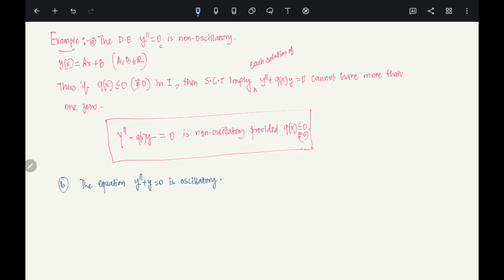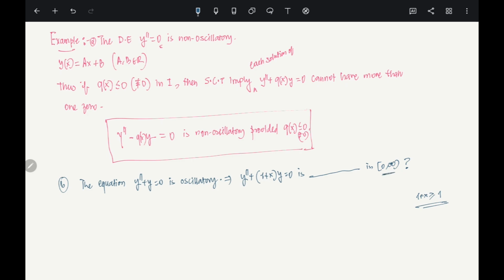So that will imply that y double prime plus (1 + x) y equals 0 is what? Oscillatory or non-oscillatory? Think about it in (0, infinity). I want you to check what exactly this is. See, 1 + x is always greater than or equal to 1 in this interval (0, infinity), right?